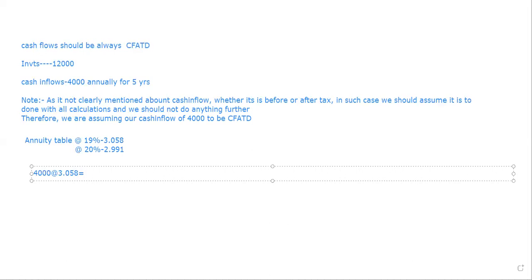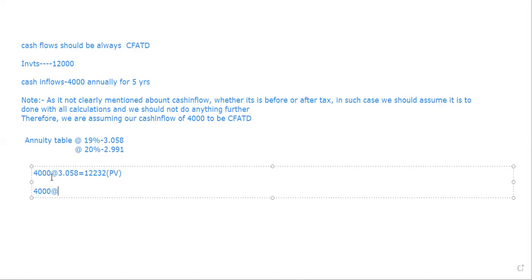So it is equal to 12,232. This is my present value. I'm not making it net; you get a net present value when you deduct your investment. Then we need one more, a negative. So one more discounting factor I gave is at the rate of 20%.